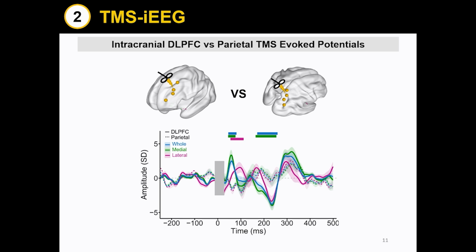With a direct comparison between the DLPFC versus parietal TMS evoked potentials, we also see two time windows showing significant differences following the DLPFC TMS versus parietal TMS. Again, this effect was mainly driven by the medial amygdala.